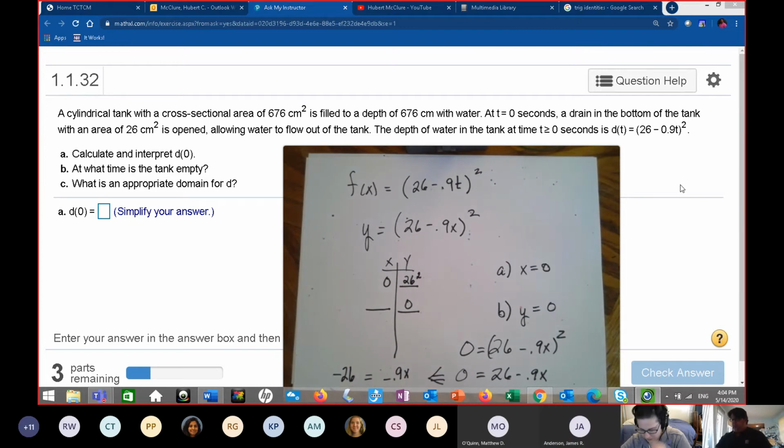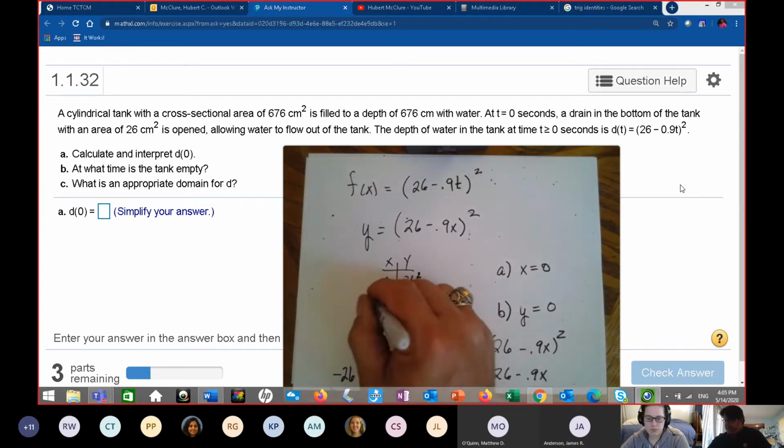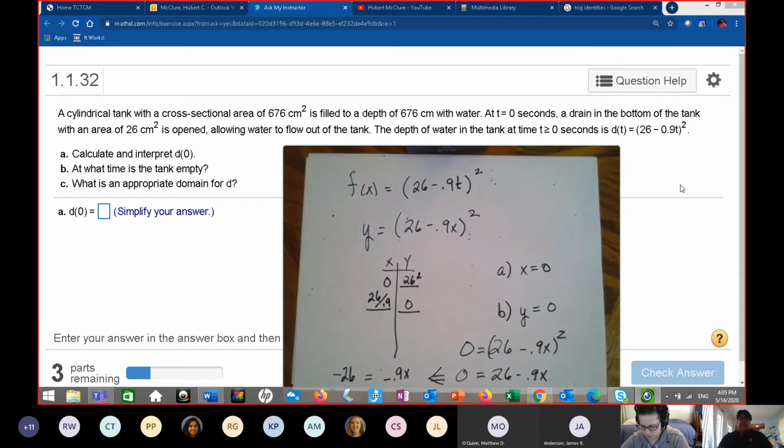So x is 26 over 0.9. And that's C, because what is an appropriate domain for D? Well, D, basically, they say the depth of the water is at time is 0. So 0 to whatever that number is.